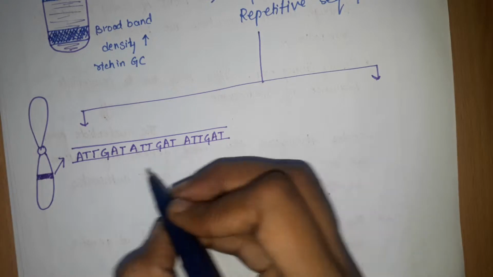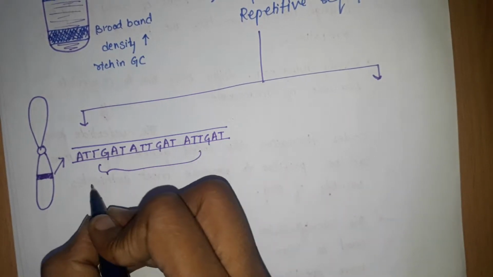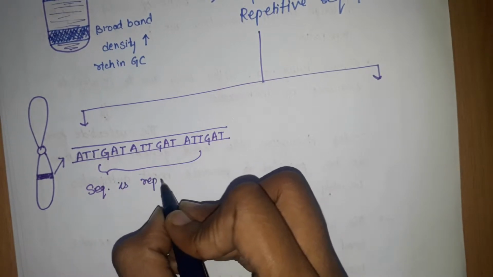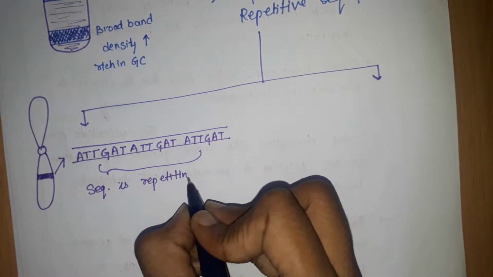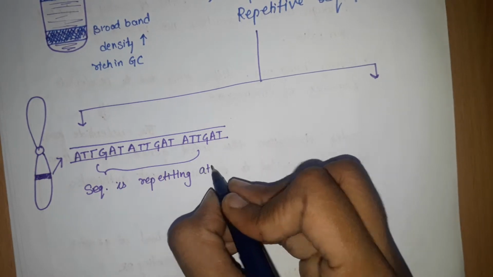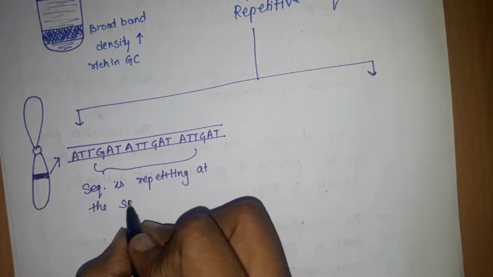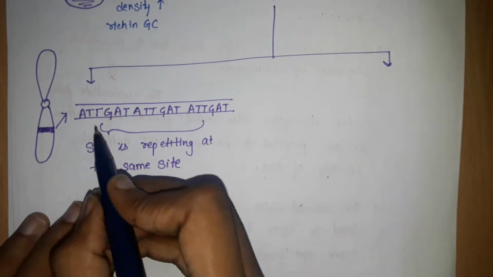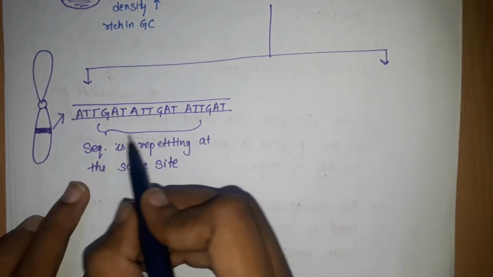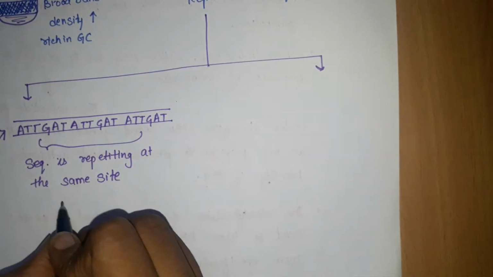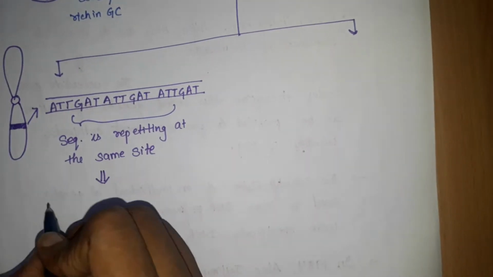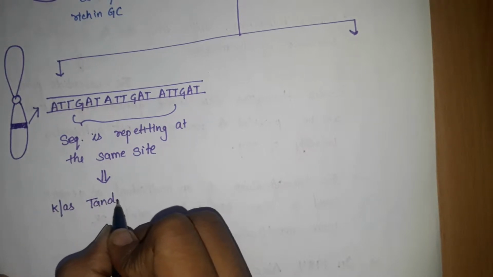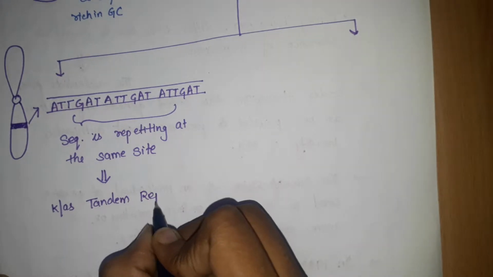What we are seeing here, this sequence is repeating at the same site. The sequence which is present here is repeating at the same site. This is known as tandem repeat.